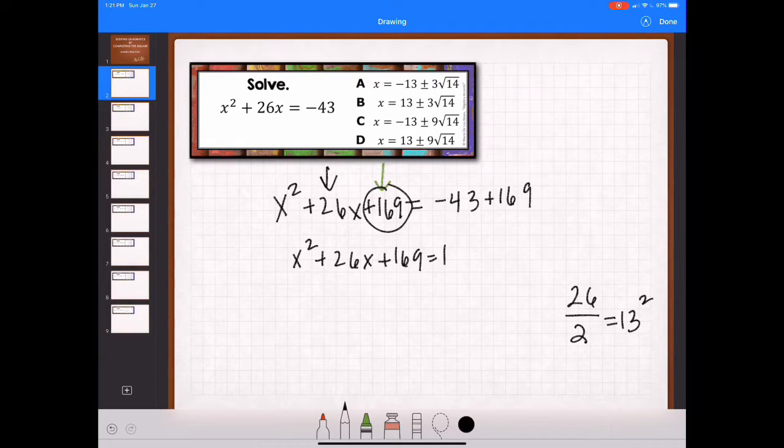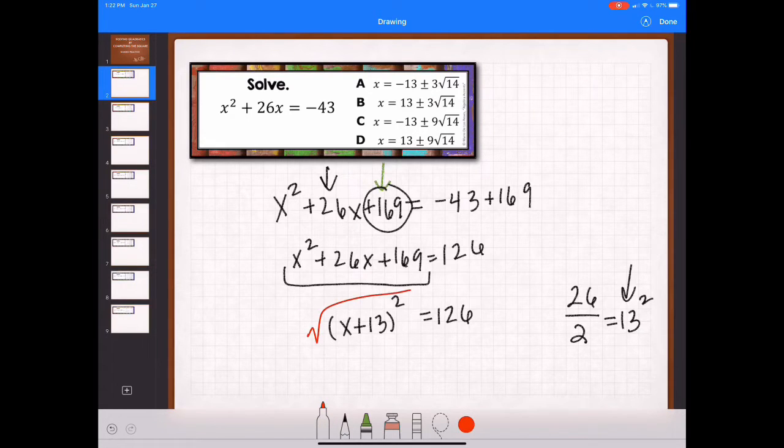That gives you 126. Now we are going to factor the left side, and because of what we know about completing the square, we know that the factorization is x plus 13 squared equals the right side, 126. That 13 is coming from this number right here. Okay, now we can go ahead and solve.